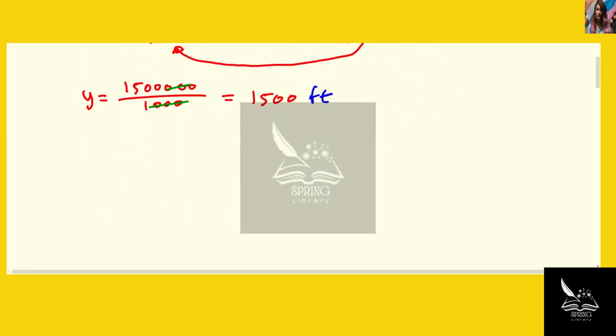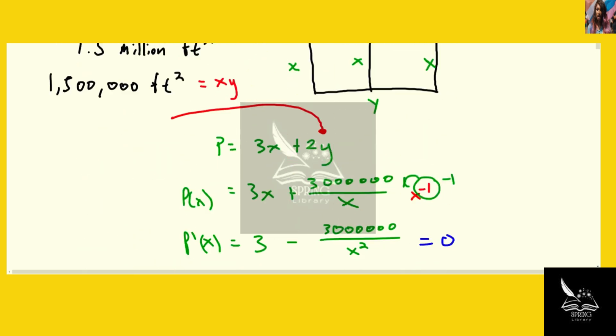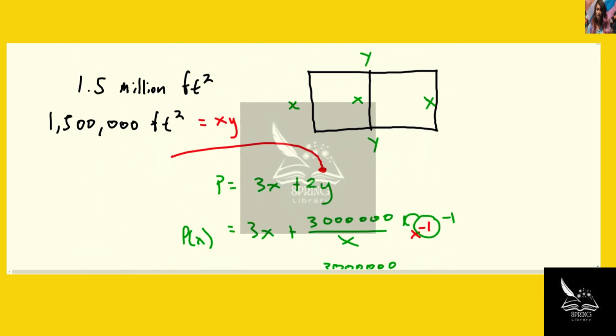So if we were to draw this again and look at what our dimensions should be, going across the top like this is going to be 1,500 feet. And then the three sides are going to be 1,000, because if we look at this again, it was x, x, x, and then y, y.